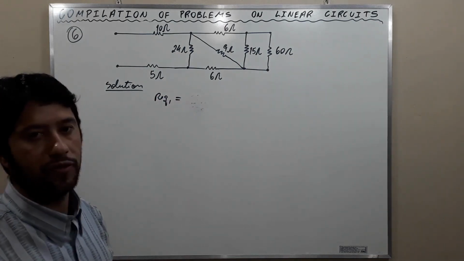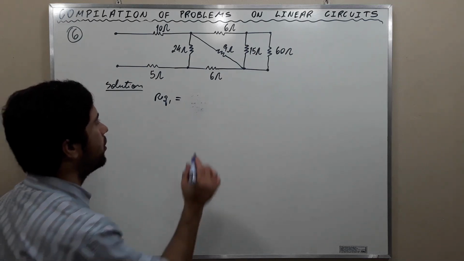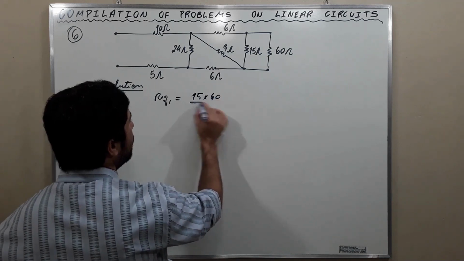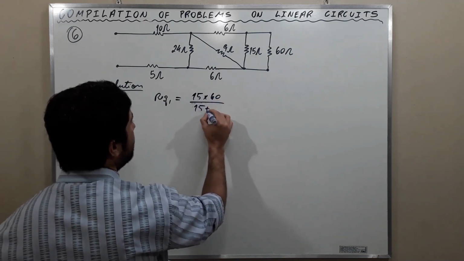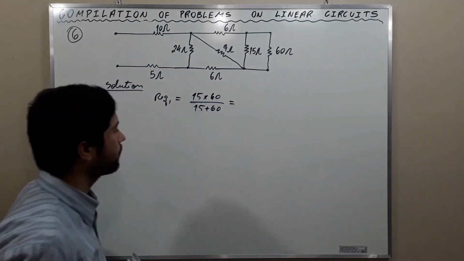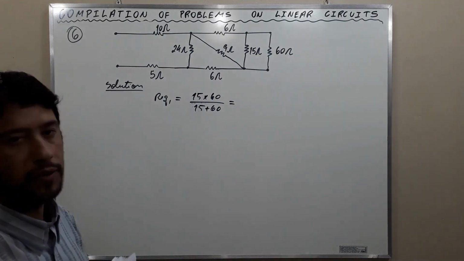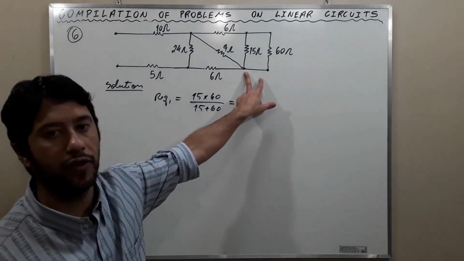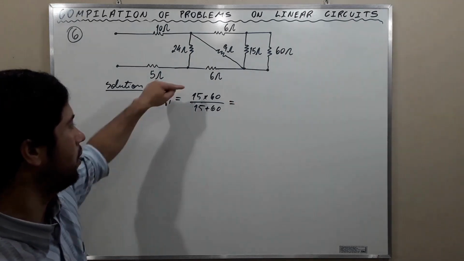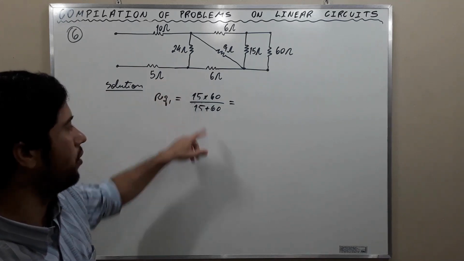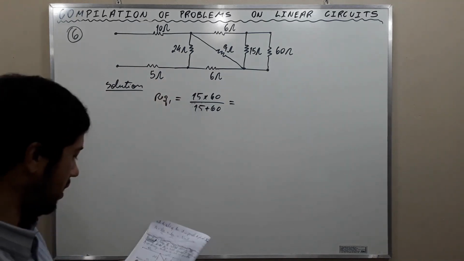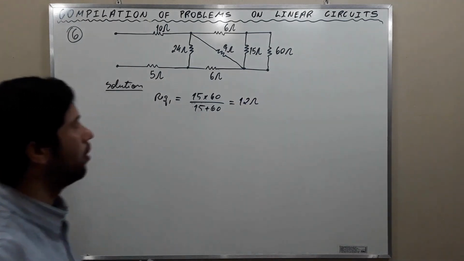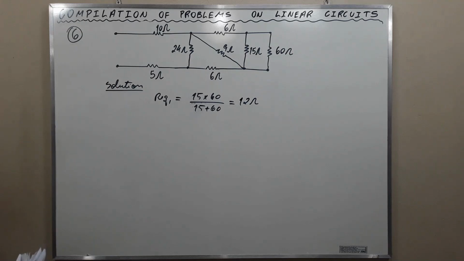The equivalent resistance number 1 is going to be equal to 15 times 60 over 15 plus 60. The rule of thumb for combining resistances in parallel is the product over the sum. And this gives 12 ohms.